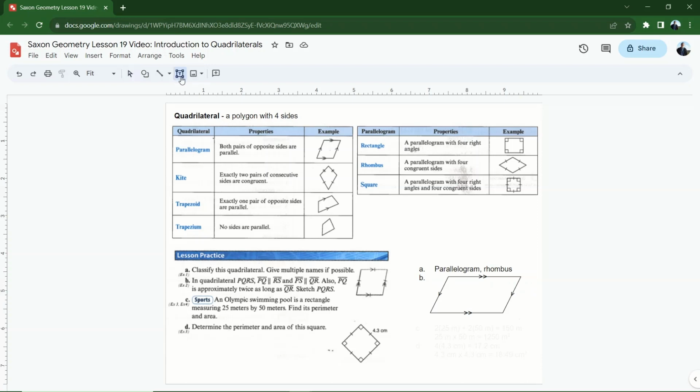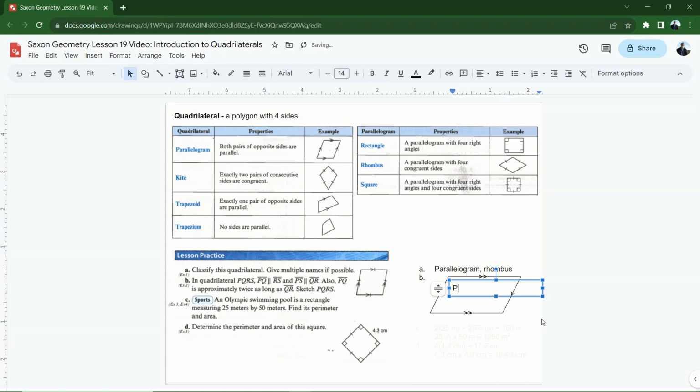So let me go ahead and we'll label the corners of this figure, and then we'll identify what kind of figure this is. Okay, so here's P up in the upper left. Now notice that because I have 2 pairs of opposite parallel sides, this figure has to be some kind of parallelogram. Is it one of the special types of parallelograms?